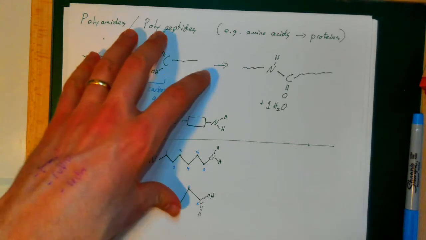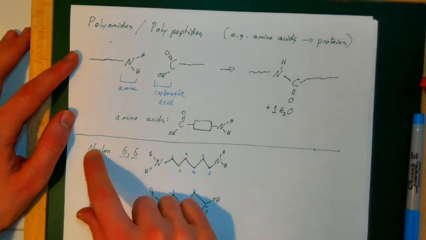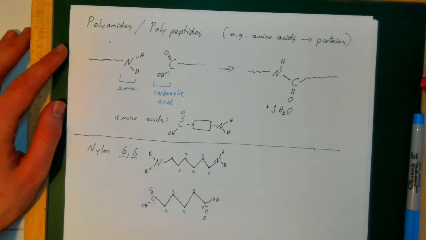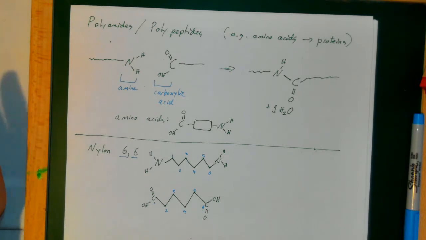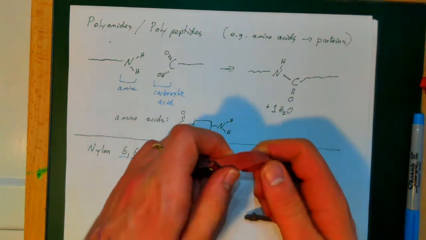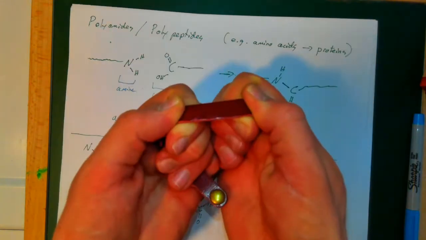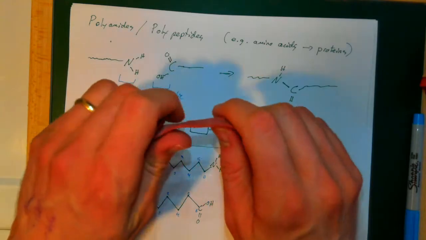So where might you encounter polyamides or polypeptides? Well, a lot of your clothing might have nylons in it. People like to wear nylon stockings with skirts and dresses and things like that. Polypeptides are, of course, all over the place, right? They make up the proteins in our body, both structural and functional.